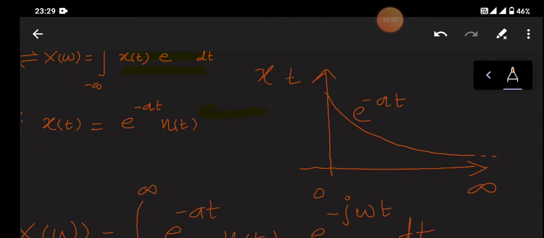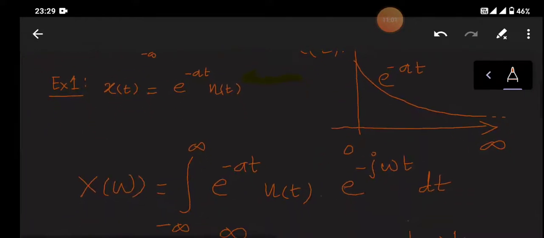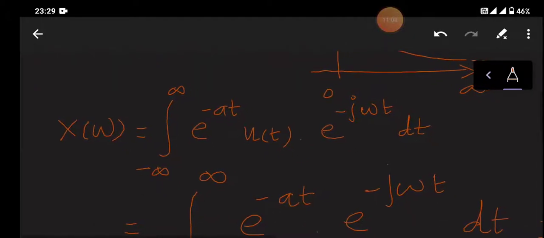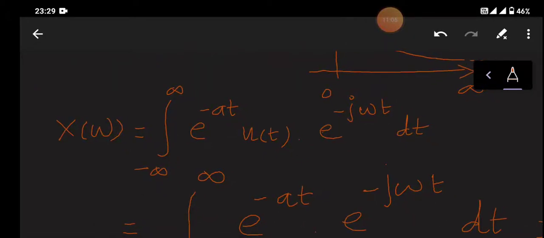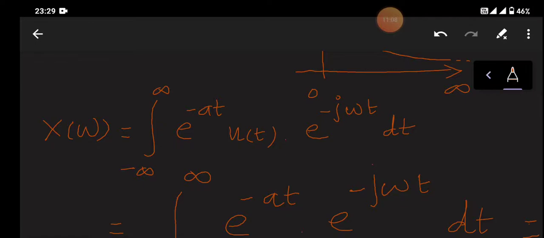Using this formula we have calculated the integral transform, where X(omega) is the integral from minus infinity to infinity of this signal multiplied by e to the power minus j omega t dt.